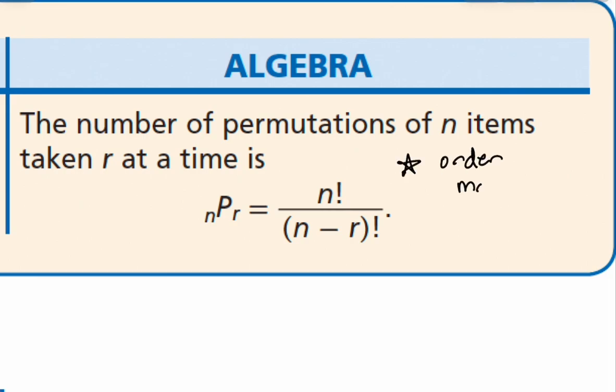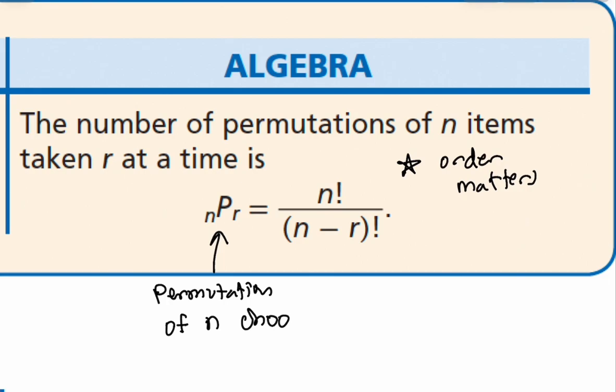Order matters. Okay, so you read this. It is the permutation of n choose r. Okay, I'm going to read that. The permutation of n choose r, meaning I had n things to pick from, and I'm choosing r.